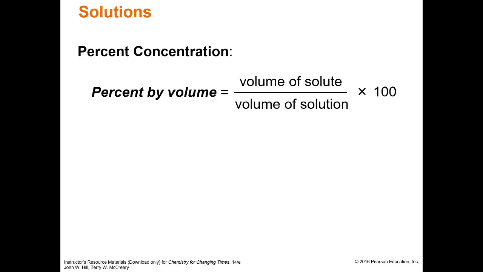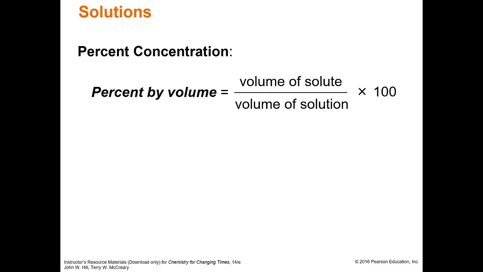Percent concentration. This is actually the solution concentration you're most familiar with. Percent concentration comes in several varieties. One of the ones you're probably most familiar with is percent by volume, typically represented as V/V when you look on bottles. This is going to be the volume of a solute divided by the volume of a solution times 100 to make it a percentage.